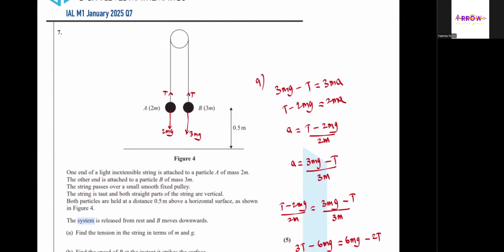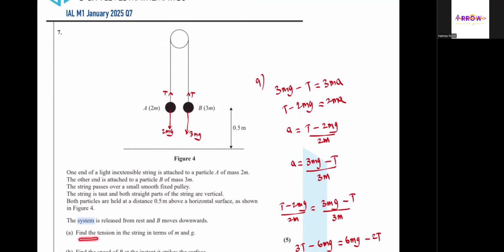The string is taut and both straight parts of the string are vertical. Both particles are held at a distance of 0.5 meter above a horizontal surface as shown in figure 4. The system is released from rest and B moves downwards, because B is heavier as compared to A. So when the system is released, B will come down and A will go up.